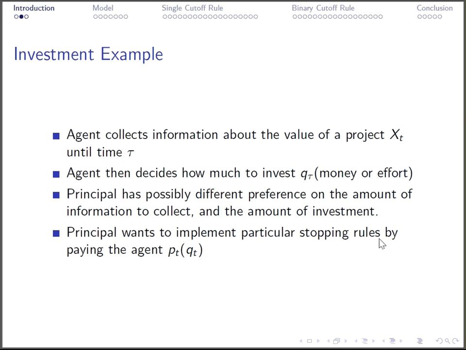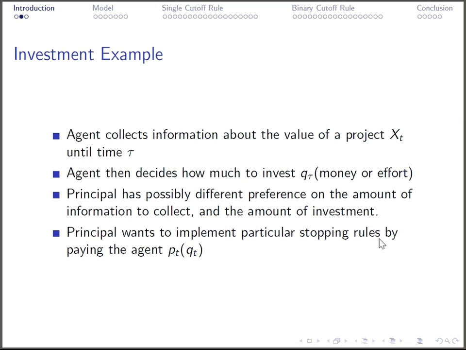So I'll give two examples first, and then I will introduce the model formally. So the first example that I want to give is the investment example, where the agent collects information about the value of a project. Say the valuation is x_t, and the agent keeps collecting information until some time tau, and then the agent, when he stops, she would decide how much to invest.